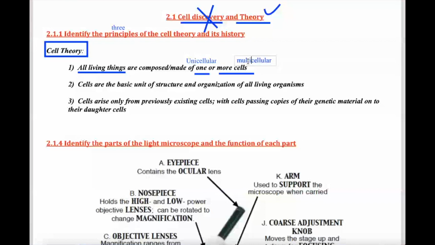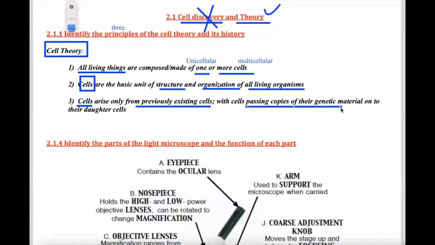Second, cells are the basic unit of structure and organization of all living organisms. Third, cells arise from previously existing cells. It means that new cells come from old cells, and they copy the genetic material and give it to the new cells. So these are the three principles of cell theory.